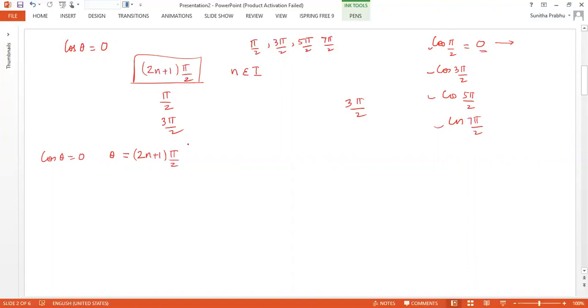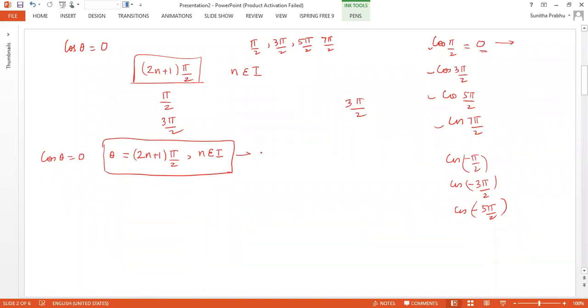I have to quickly clarify that my n belongs to integers, so it is equally applicable to cos of minus pi by 2, minus 3 pi by 2, etc. So this is going to be the generic solution for the equation cos theta is equal to 0.